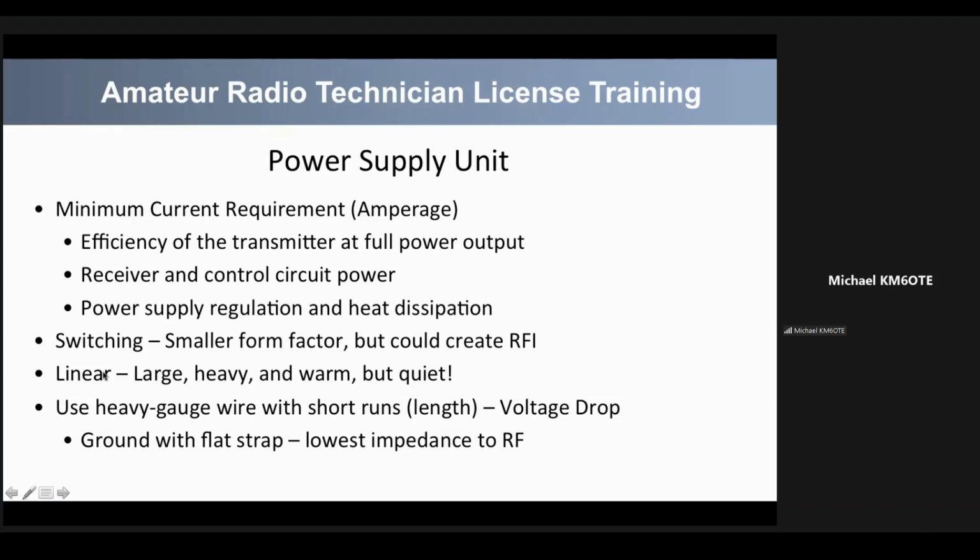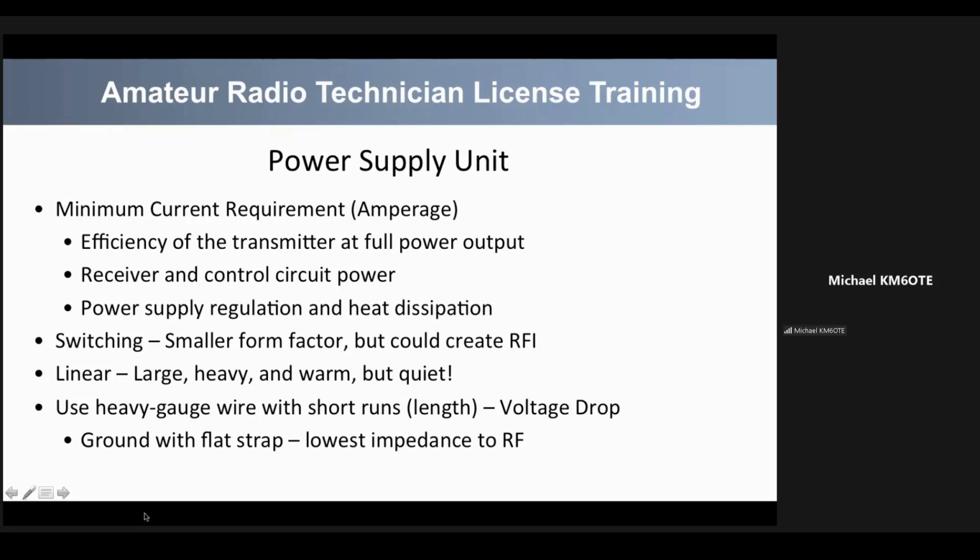A linear power supply is larger and heavier, but warmer, and tends to be quiet in terms of RFI. So there's a trade-off. What I do is I look around to other hams or dealers who understand what's going on and ask them what works. Switching power supplies these days tend to be pretty good, but I would avoid the cheapest switching power supply you can find, because that's where you're going to have a problem.